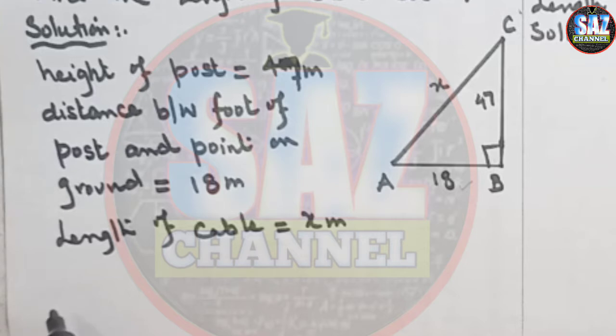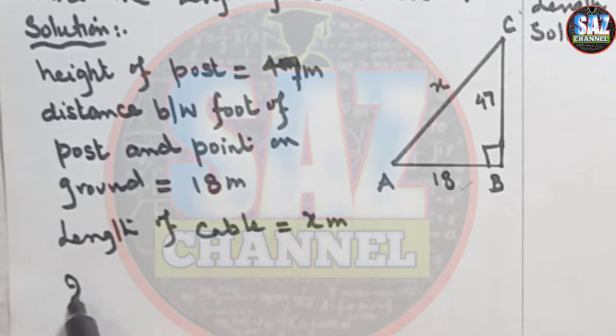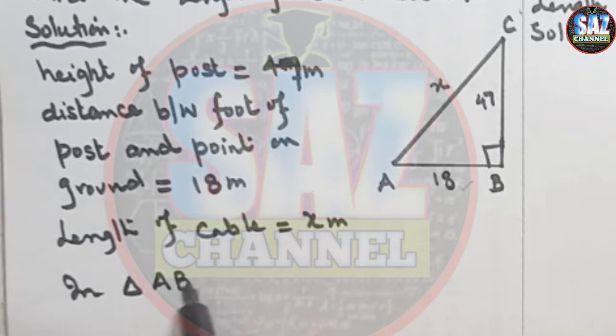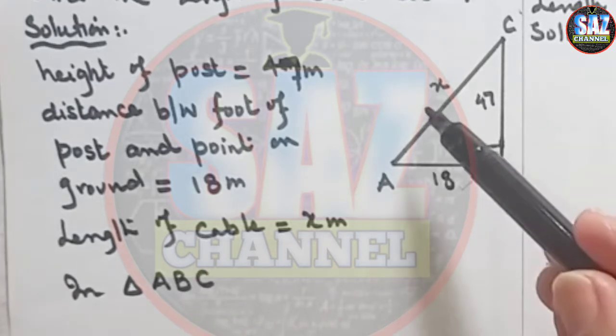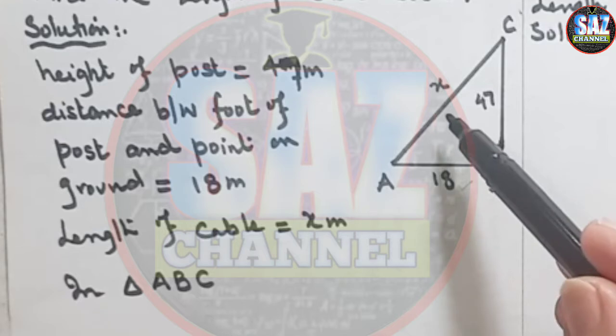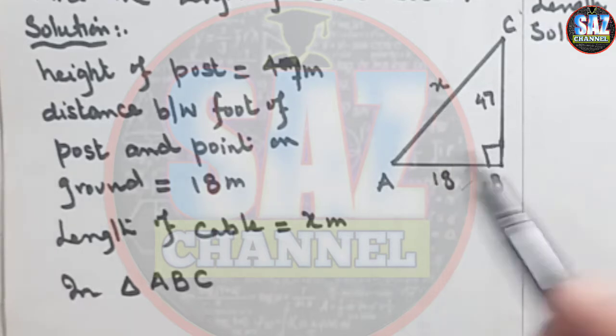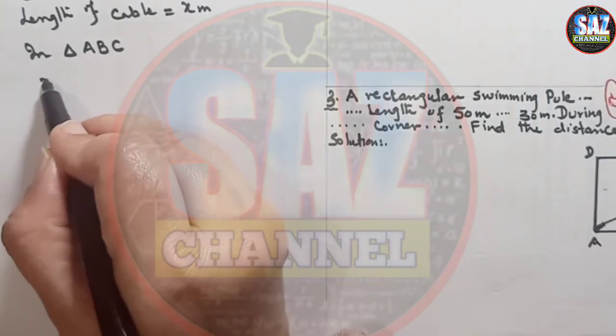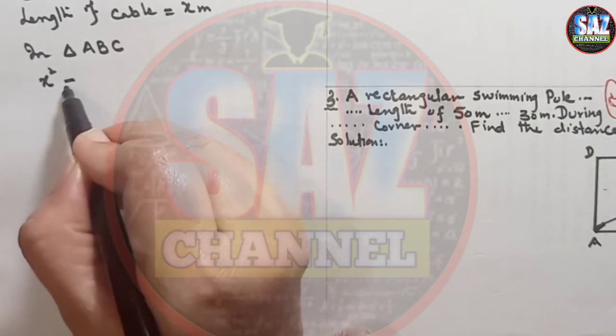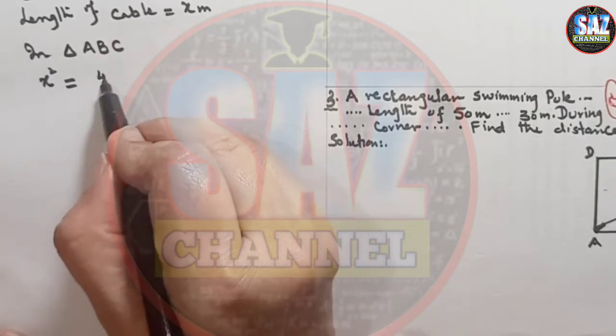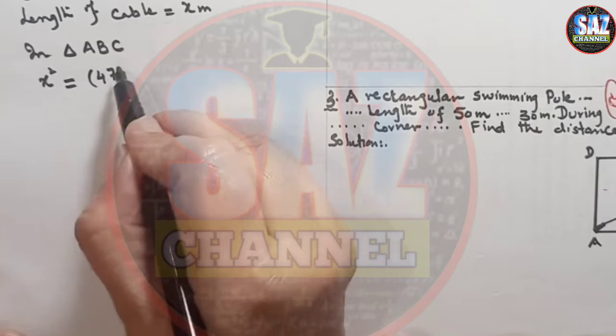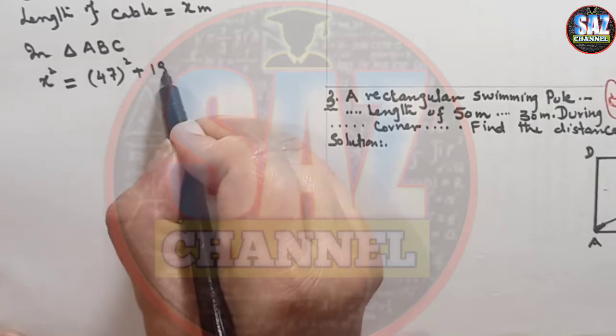So according to Pythagoras theorem, in triangle ABC, as x is the hypotenuse because it's the side in front of the 90-degree angle, hypotenuse square, that is x square, equals 47 square plus 18 square.